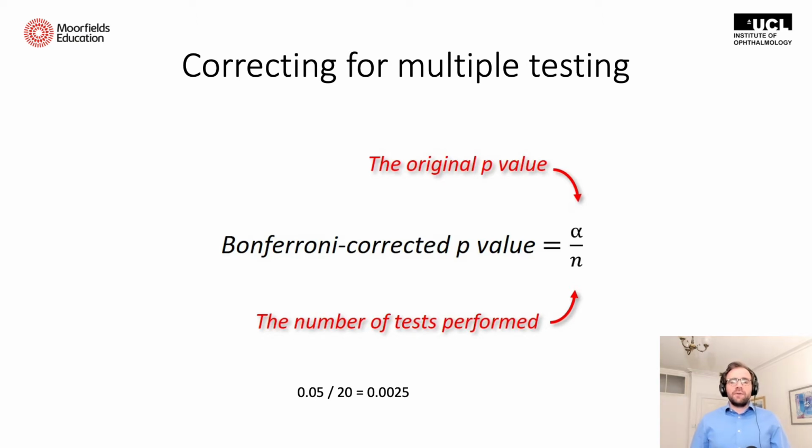So if we're doing 20 tests, then we're dividing our 5% by 20, which gives us a lower threshold of 0.0025. So using this corrected threshold would have accounted for the number of tests that were done in the previous example. So we wouldn't have found this false positive association of green jelly beans linked to acne.